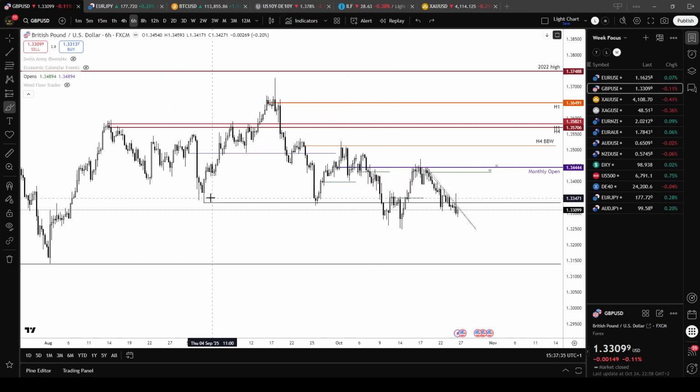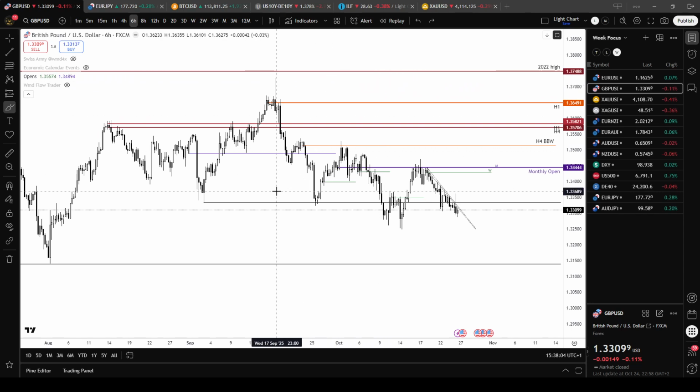The thing with these levels, which are so clean and they sort of stand out to most participants, is that the way I view them is they are a magnet, and a lot of people will say this is support, or if it was around these highs, it would be resistance.